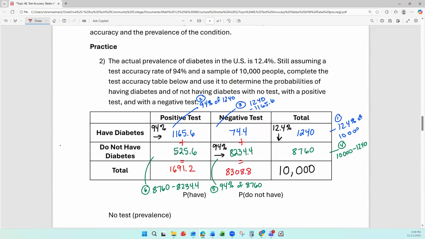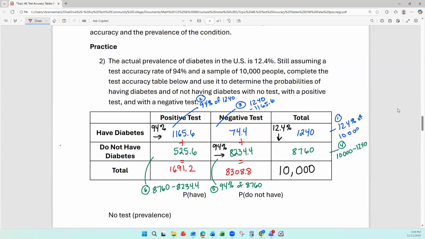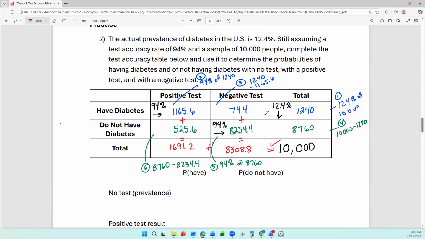And I just do a final check. Do 1,691.2 plus 8,308.8 in fact add up to 10,000? Yes. So as far as I know, that's at least not an obvious error.